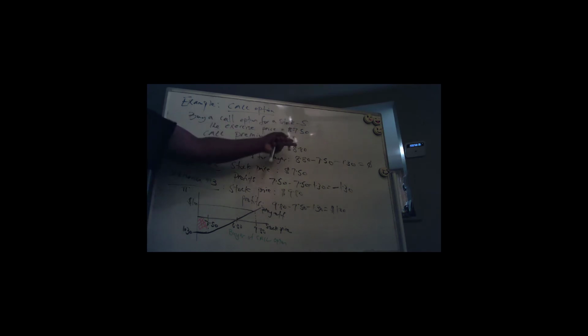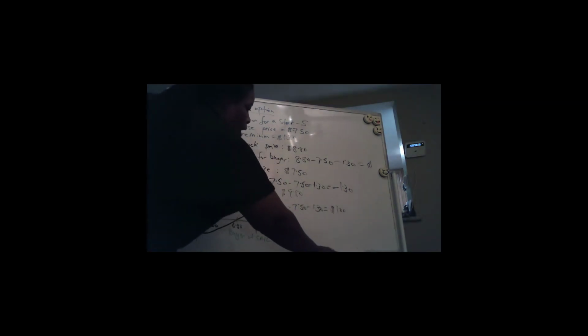So they'll be getting the premium for sure. And along with the premium, they're going to get the price that you're going to buy the stock at. So they're gaining that. That's $7.50 and the premium. But what are they paying? Well, the current stock price is what they're paying. So things are reversed for the writer of the call option.